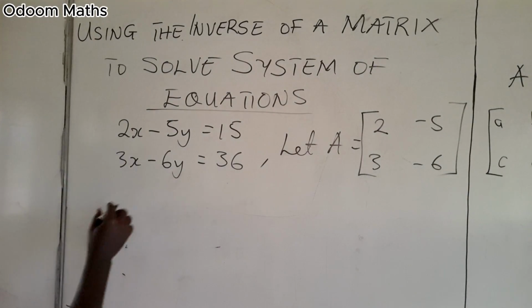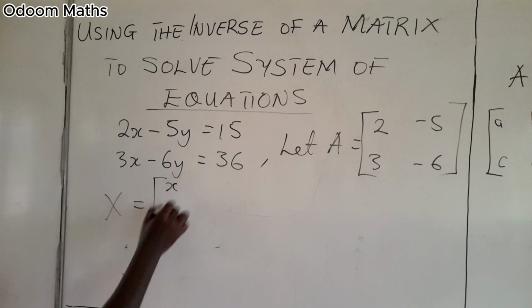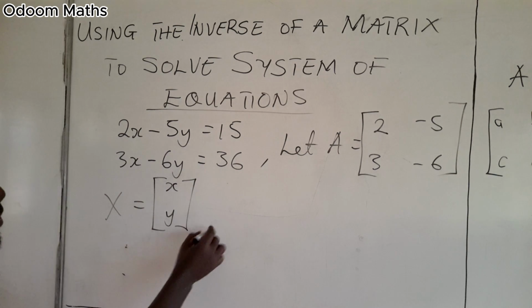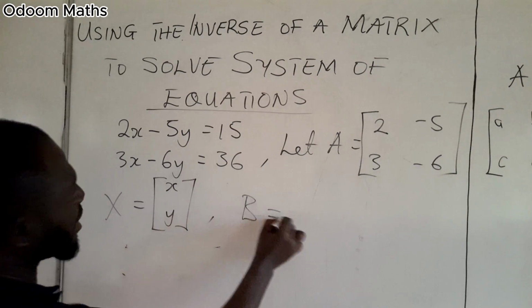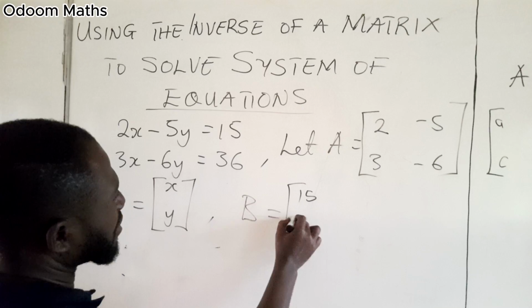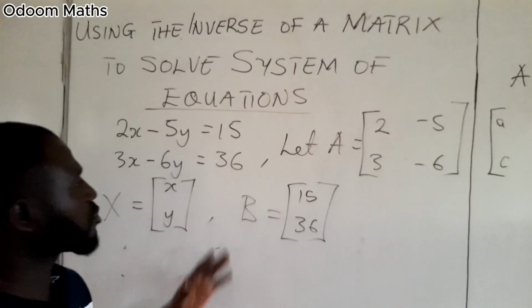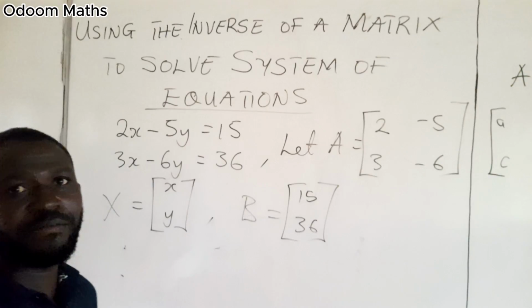Then again we let X equal the variables x, y, and then B becomes 15, 36. Okay, so let's see how we can solve this with the inverse method.